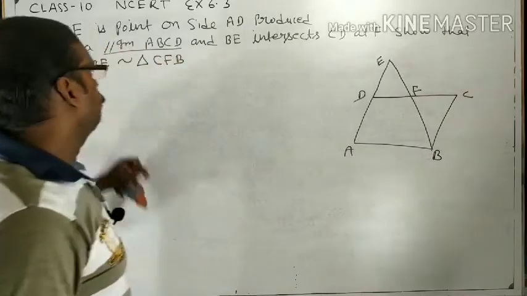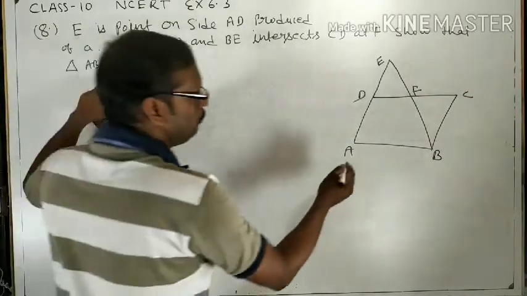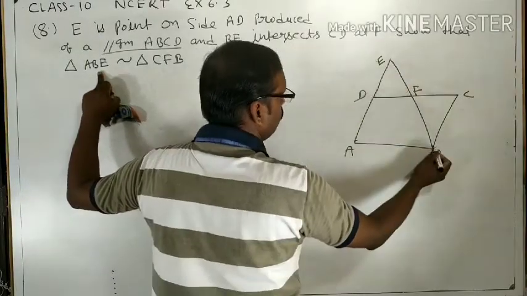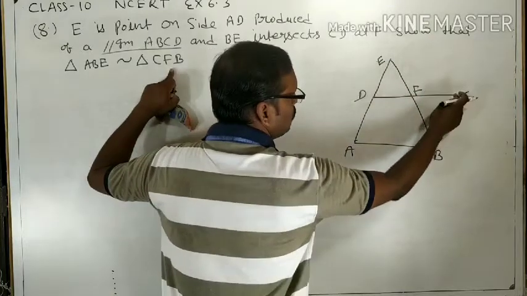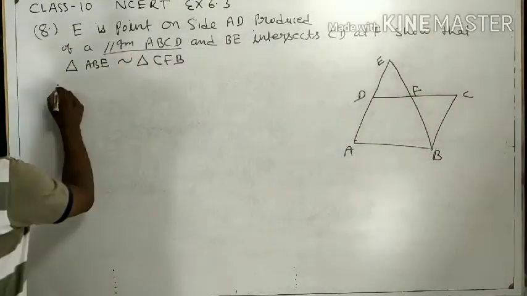So we have to prove that this larger triangle ABE is similar to triangle CFB.